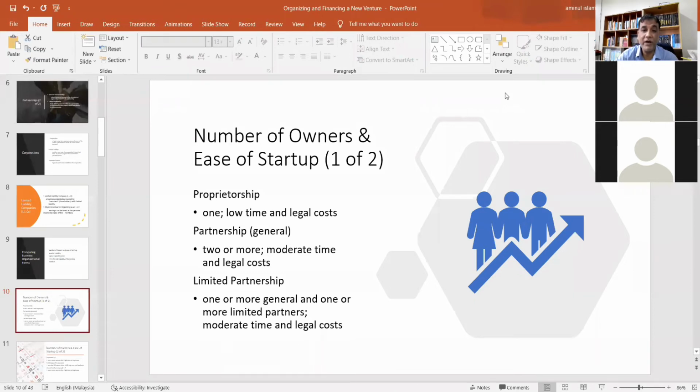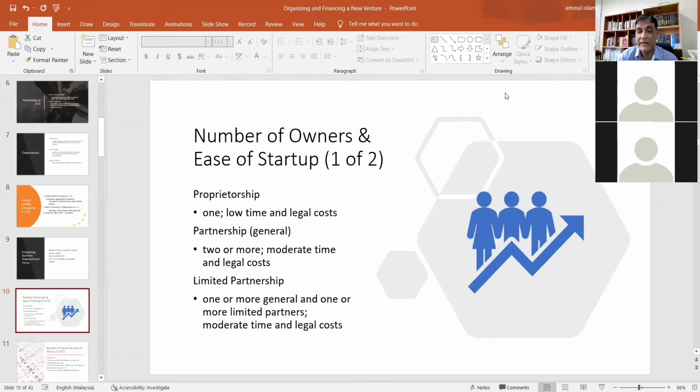In terms of number of owners, as I said earlier, for proprietorship, just one owner, and you have low time and low legal costs. As I said earlier, you are subject to less legal framework. Okay, when it comes to partnership, in general, it's two or more than that.